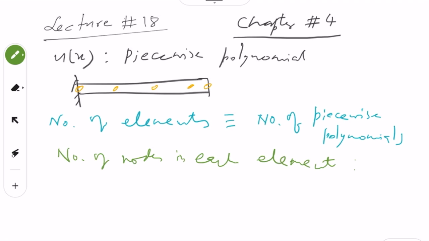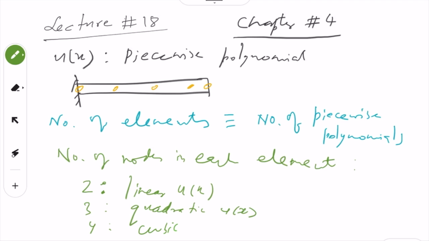Basically, what we have seen is if the number of nodes is 2, then this is a linear u(x). If 3, this is quadratic u(x). Similarly, if it is 4 nodes per element, then this will be cubic u(x). So, this is what it signifies.